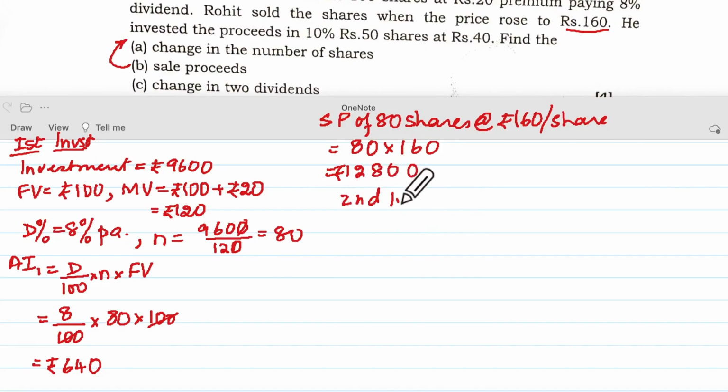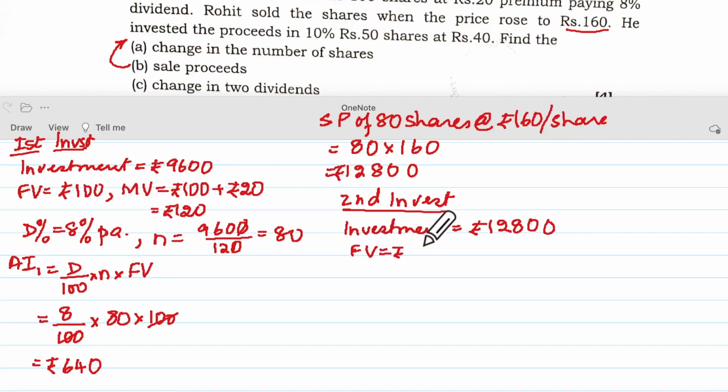So it's the second investment. In that I'll have investment. What is he doing? He is taking the proceeds and he invested the proceeds in 10% this. So investment is rupees 12800 and the FV is rupees 50 and MV is rupees 40.